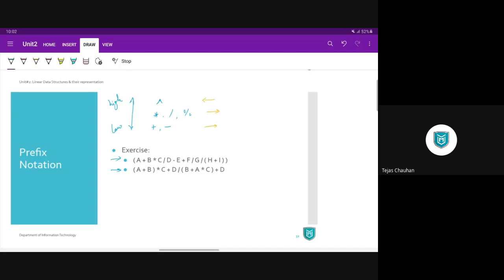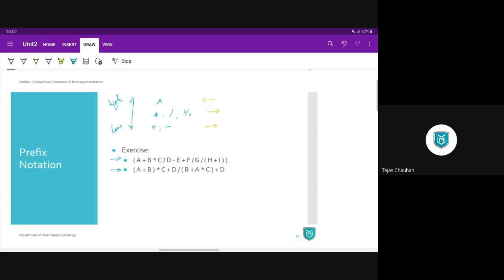Okay, so Parthiv has given us one solution for the first exercise. One more thing, remember. Let me check it. There is some problem, Parthiv.